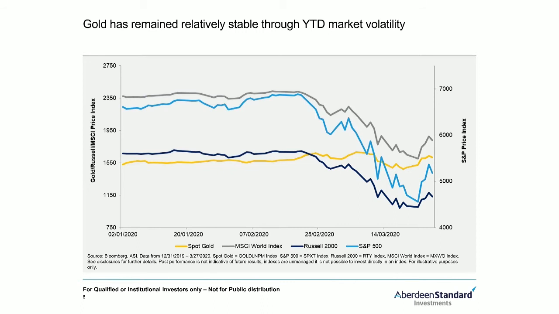But once the investors understood the nature of what was going on with COVID-19 and its potential impacts, you instantly saw gold start to rally back as a response, as a safe haven option for investors. And that was pretty consistent with what you actually saw in other market downdrafts.